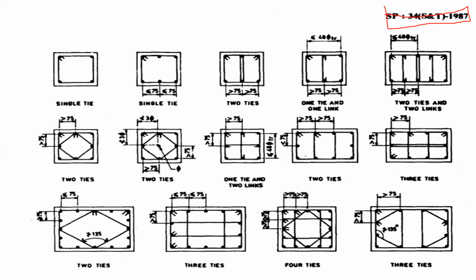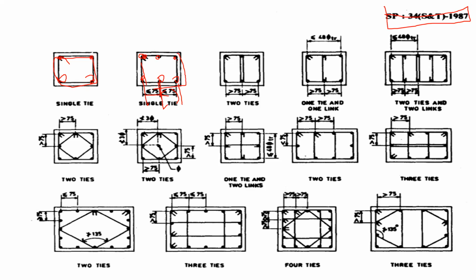From there, it's mentioned that a single tie can be provided when you have only 1, 2, 3, and 4 bars. In that case, you can provide only a single lateral tie. Just in case you have 6 rebar, I mean 6 longitudinal bars, 1, 2, 3, 4, 5, and 6, and the spacing in between is less than 75 mm, in that case also you can provide only one lateral tie.